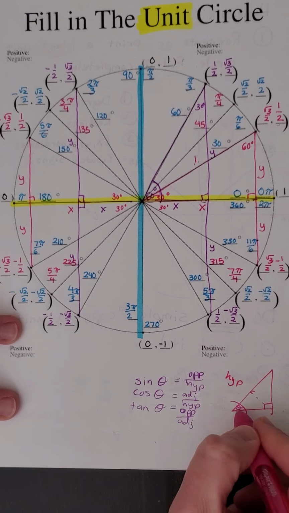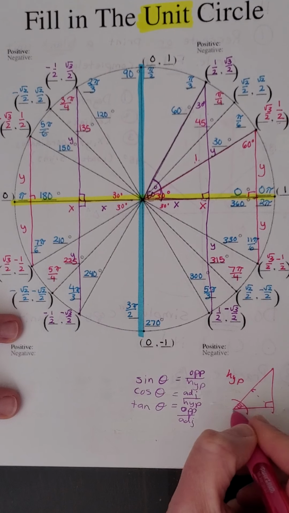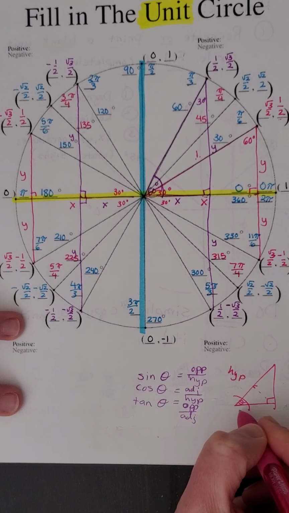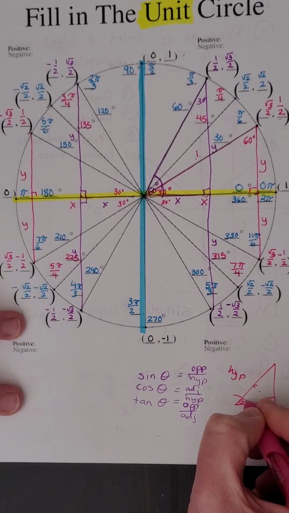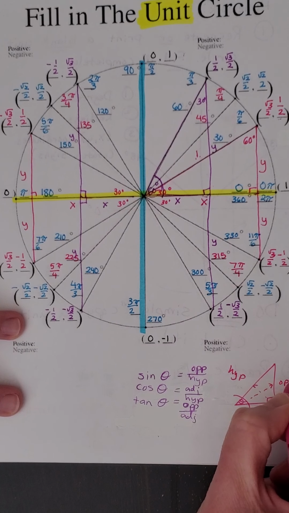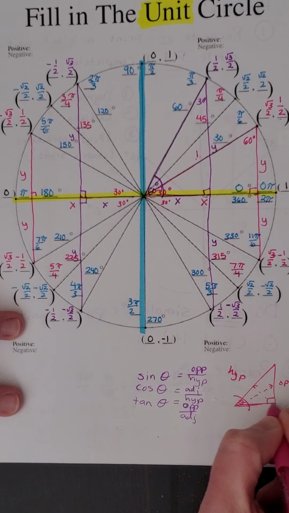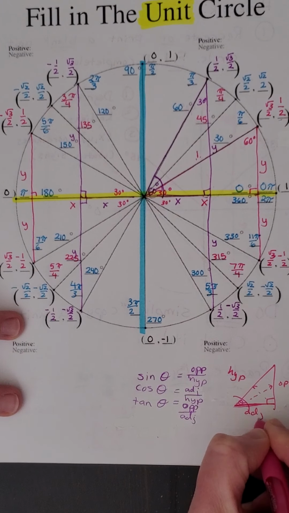On the unit circle, we're always using this angle down here, so it makes things a little bit easier. Opposite will be over here, and adjacent, meaning touching the angle, would be over here.